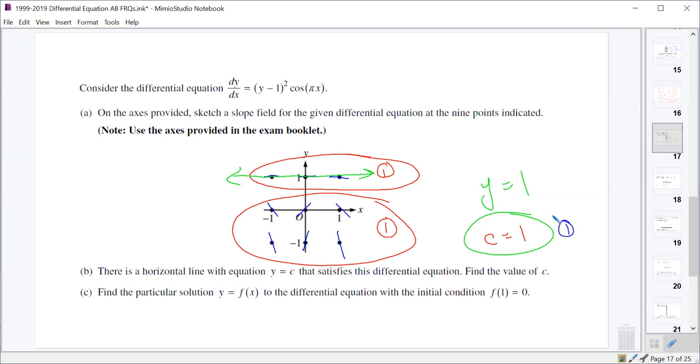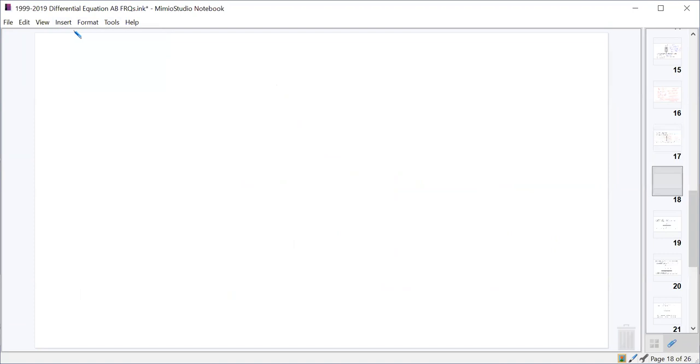All right, for part C, we want to find the particular solution given this initial condition that when x is 1, y is 0. So we're going to first separate the variables. So dy over y minus 1 squared, and then we got, what is it, cosine pi x dx.